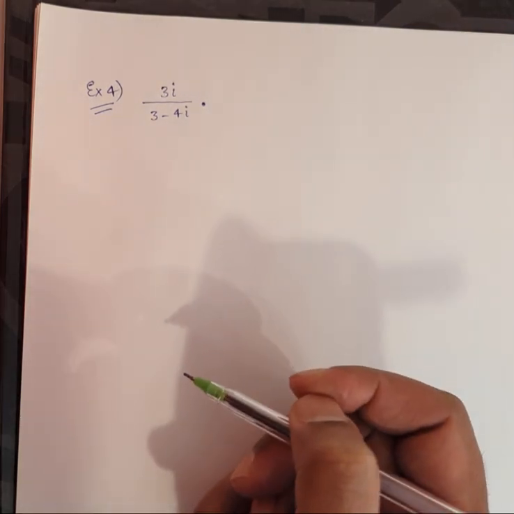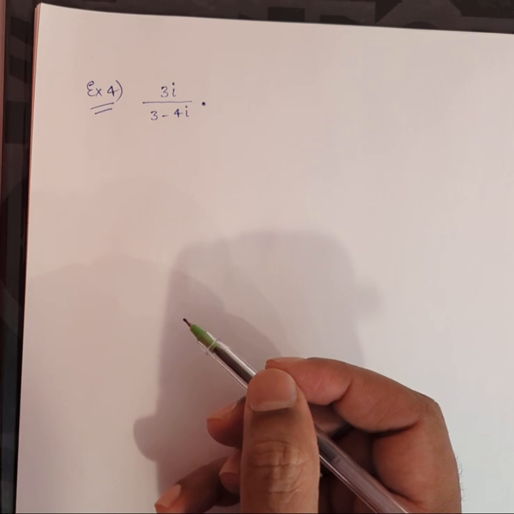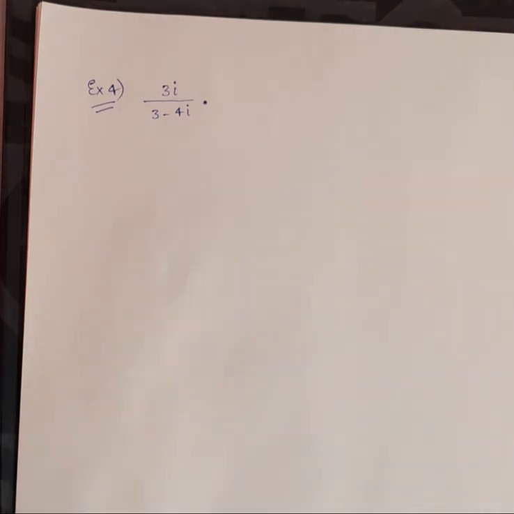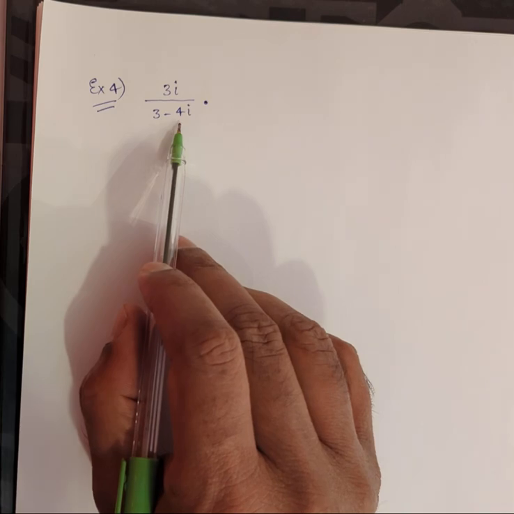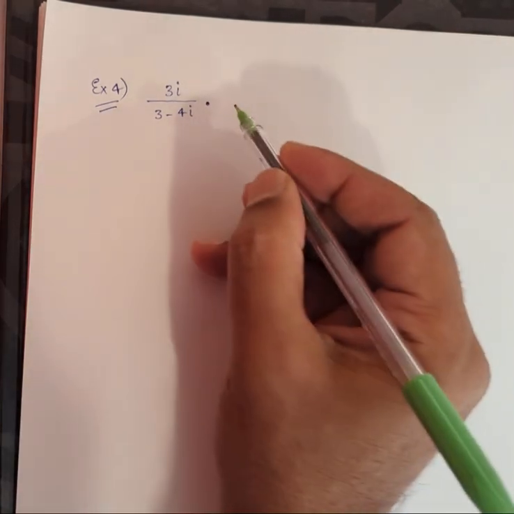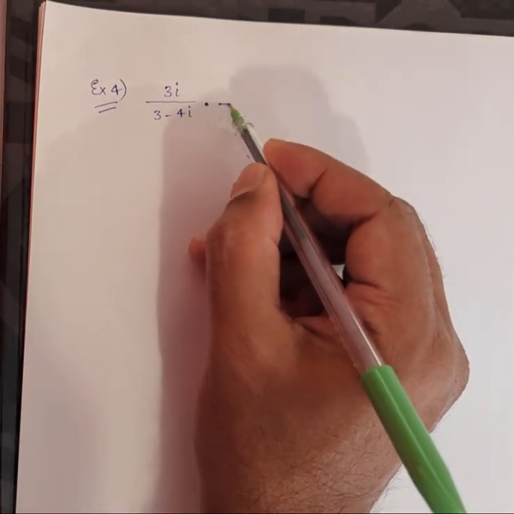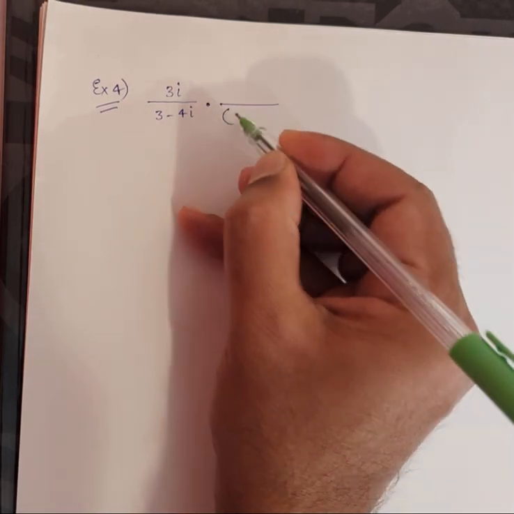So we learned that if you multiply any complex number by its conjugate, your answer is going to be a real number. Which means if you have a binomial, 3 minus 4i, then what you really want to multiply with is 3 plus 4i.